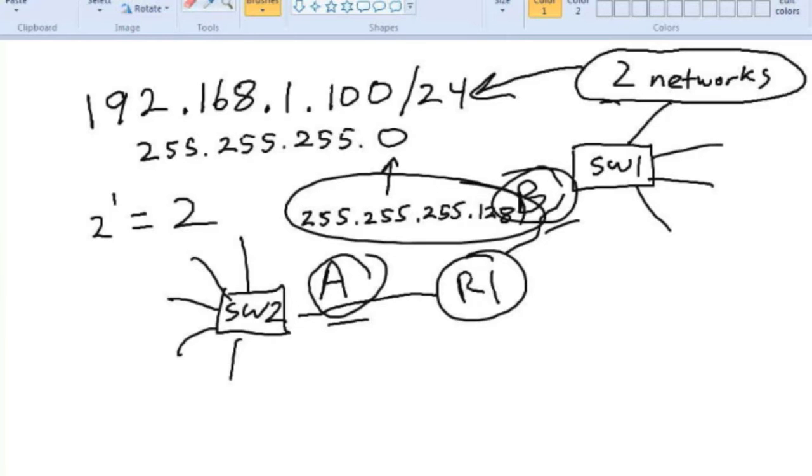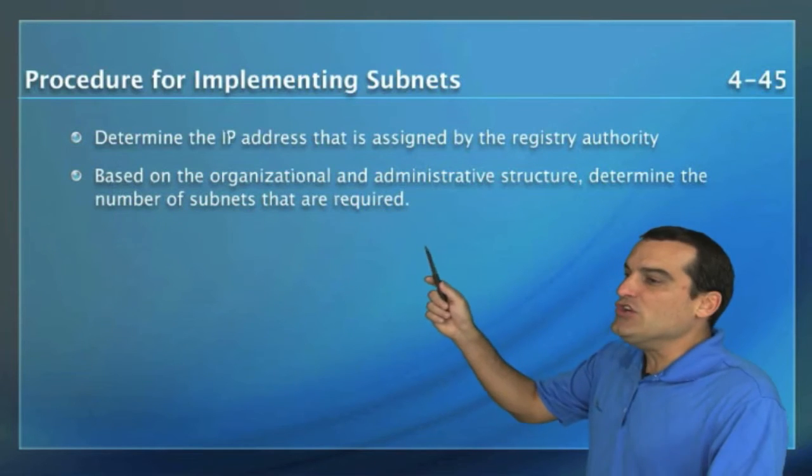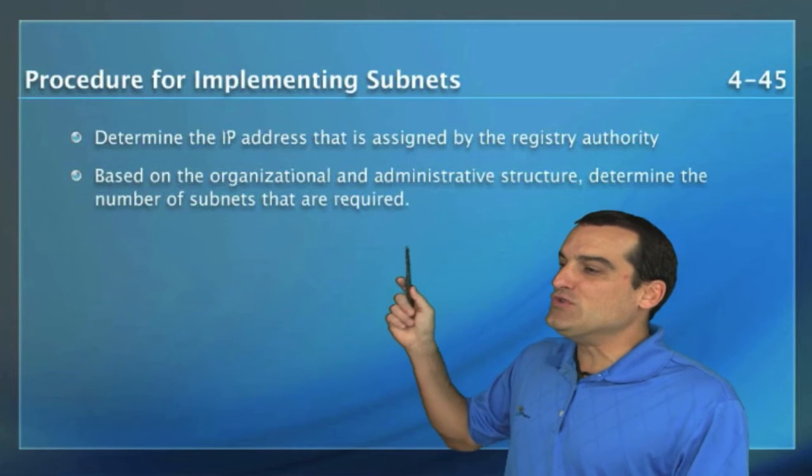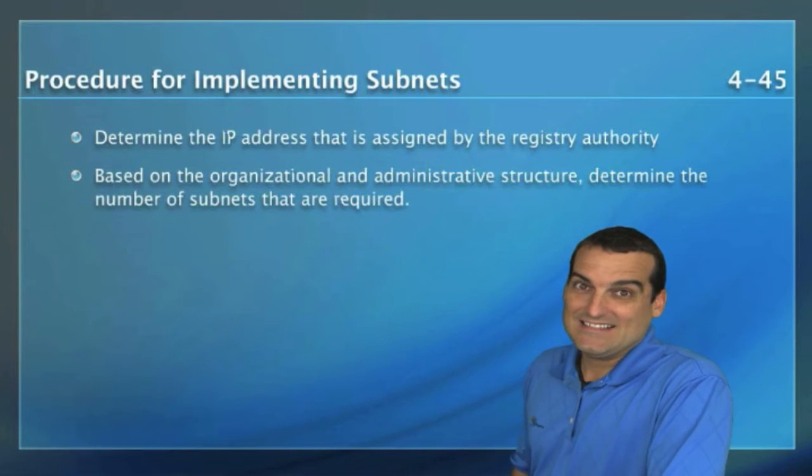All right. Now, we'll get into the math of it, but let's talk about the overall process. What does Cisco recommend for the overall process? Well, obviously, they say take a look at your IP address and then figure out how many subnets you require. In this case, you are going to shoot for additional subnets.